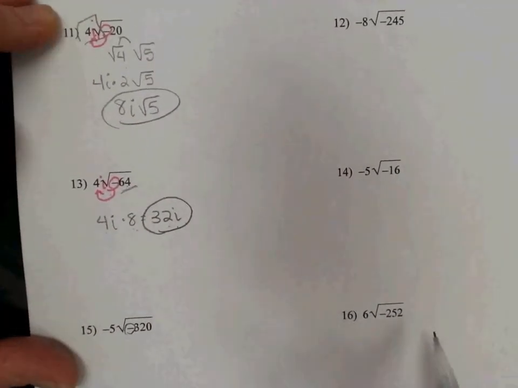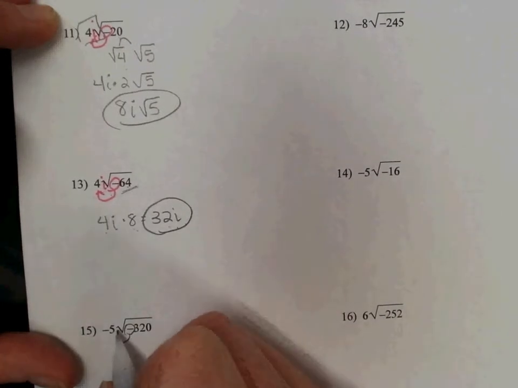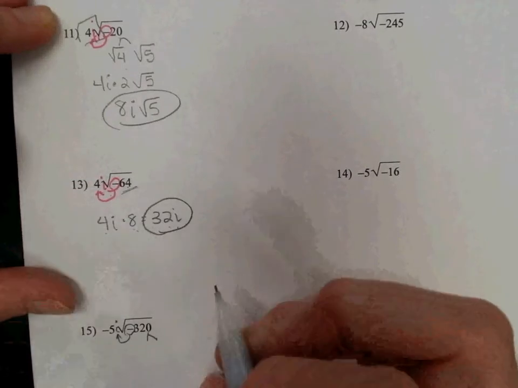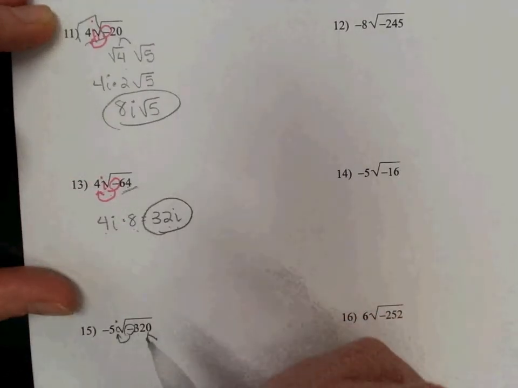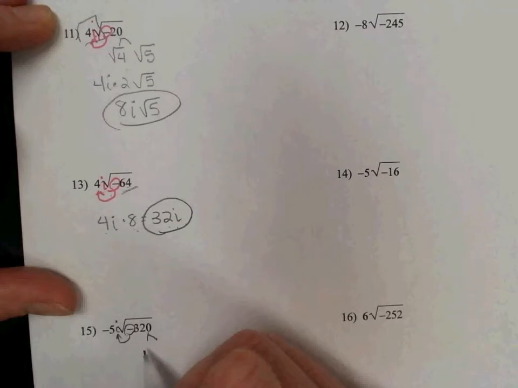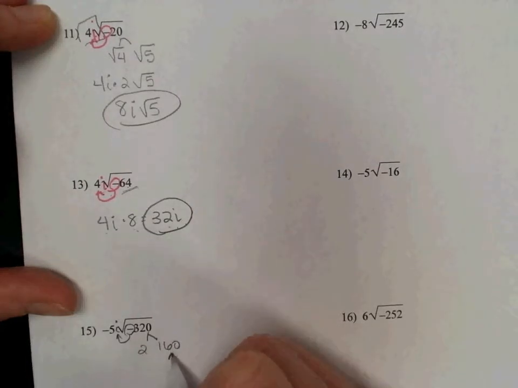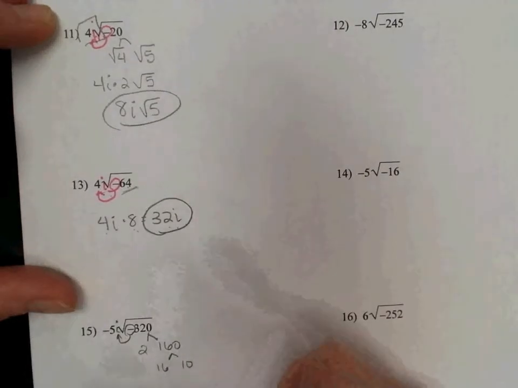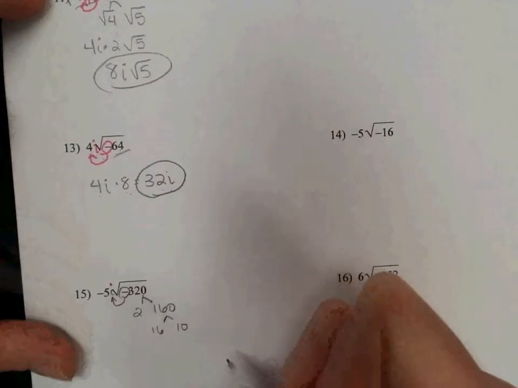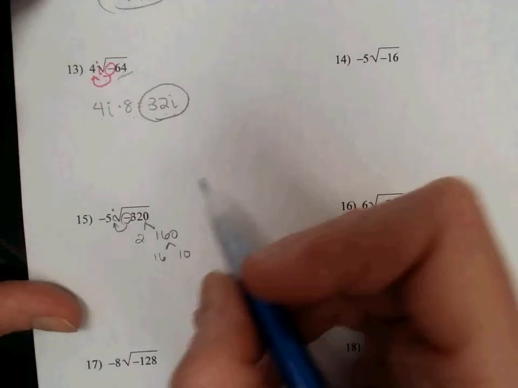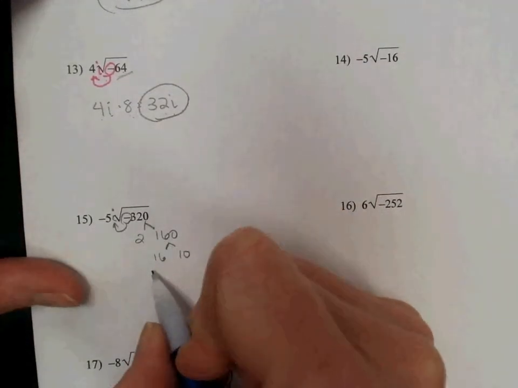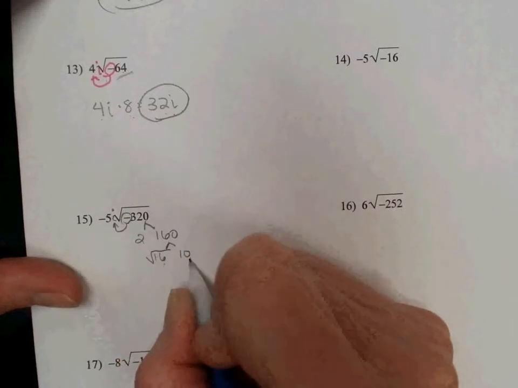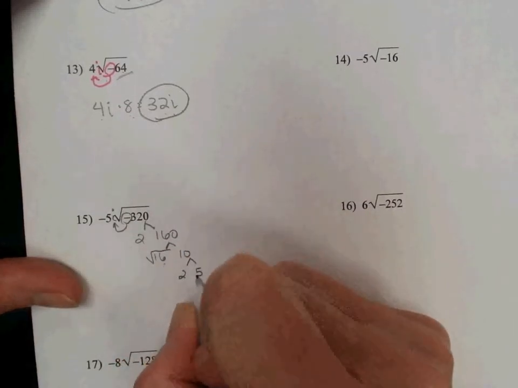Okay, so then number 15, the negative comes out. It's an i. So then 320. Okay, 2 and 160. And then 16 and 10. How do you want to go from here, 16 and 10? Keep going? Or do you just want to notice 16's a perfect square? Okay, so 16 is a perfect square, so I know that's going to come out. 10 I can continue to factor down.